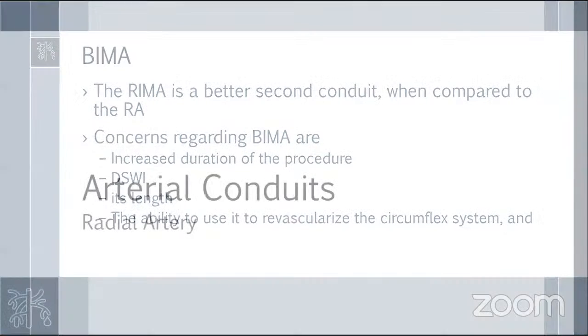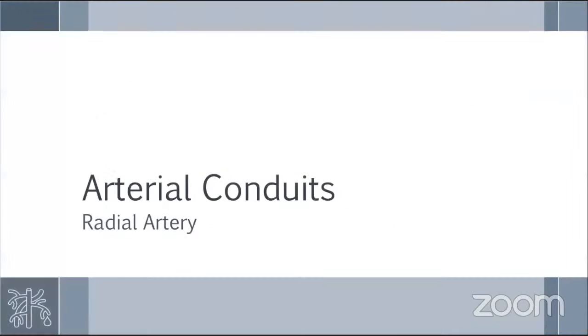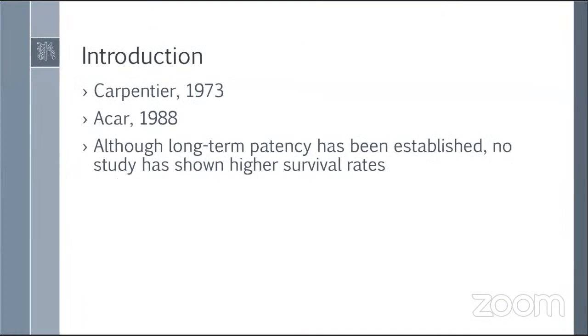Now the second arterial conduit, which is the radial artery. Before I talk any more about it, I will just give a brief introduction. It was first used by Carpentier in 1973. That was the first experience, and because of high graft failure, it was abandoned.